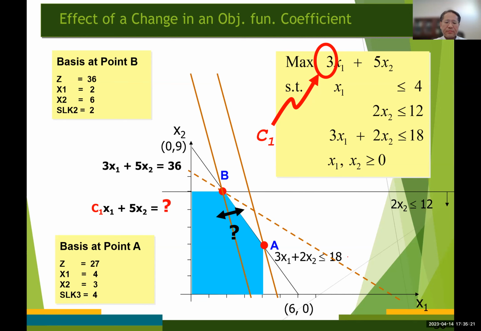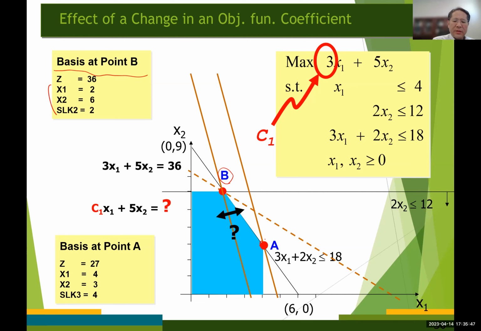So, of course, at point A, the isovalue line intersects the feasible region, right? So in this case, the basis has been changed, right? The old optimal point, which is B, the basis is right there, right?